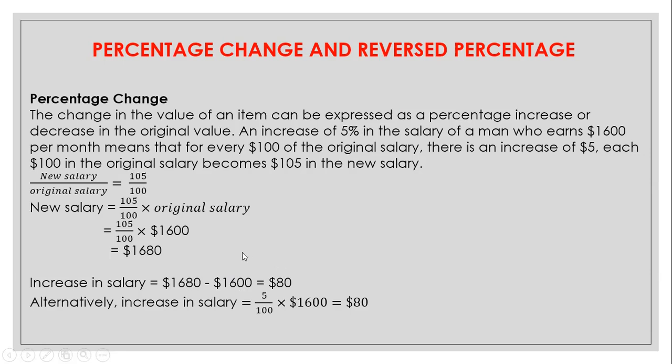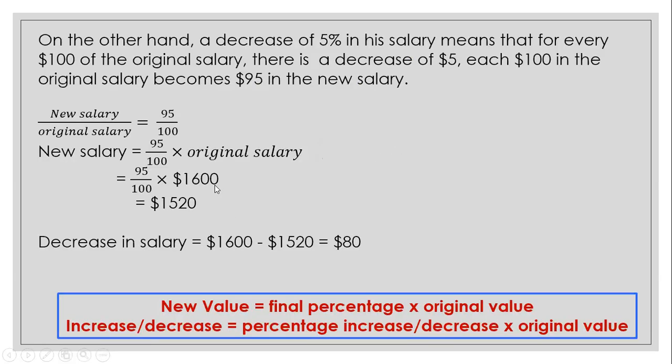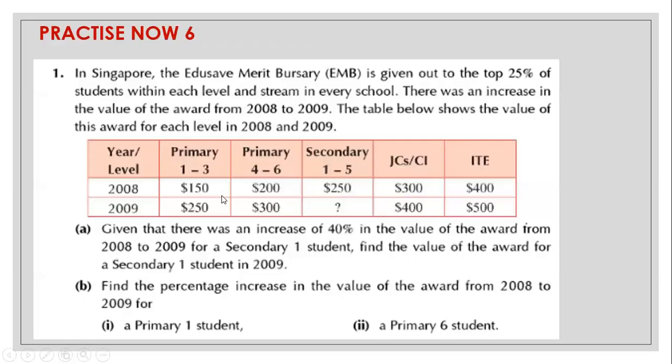So that's the change of the increase. I think this is not too important. I will give you the rules to do. Now, for number 6, this is quite complicated. I will share the other screen for practice now 6.